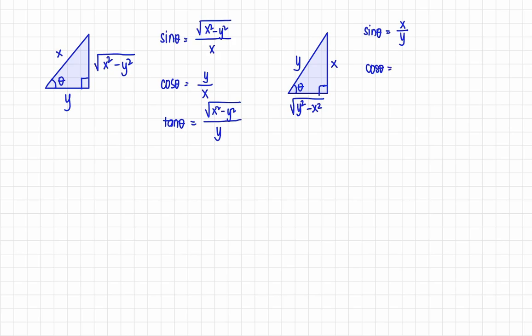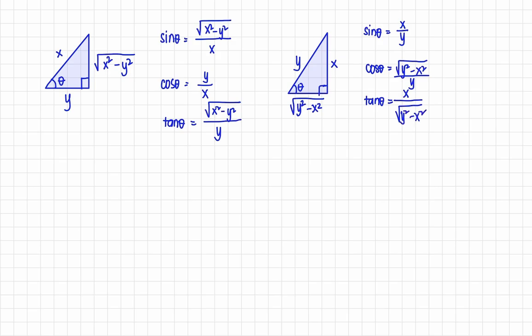Cosine theta is equal to the square root of y squared minus x squared over y. Tangent theta is x over the square root of y squared minus x squared.